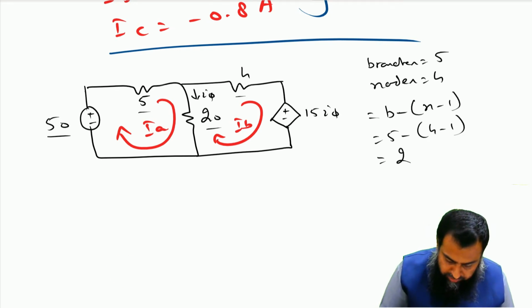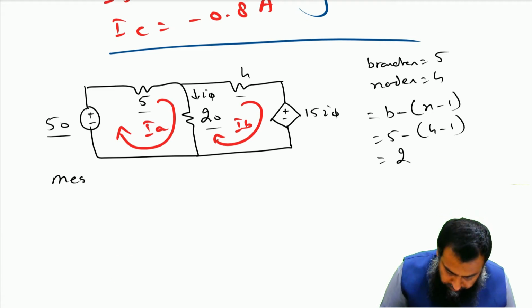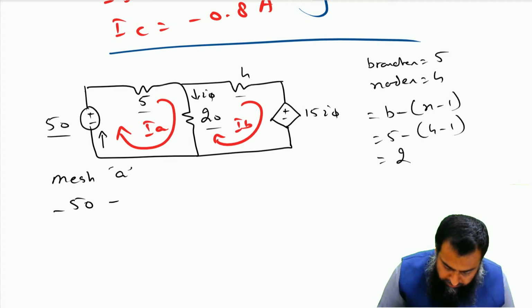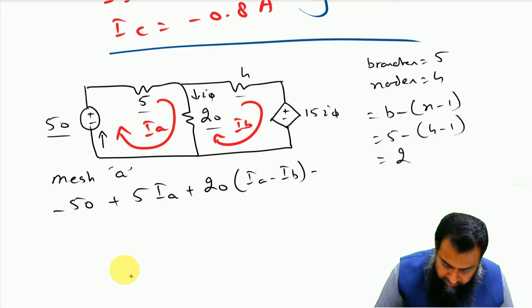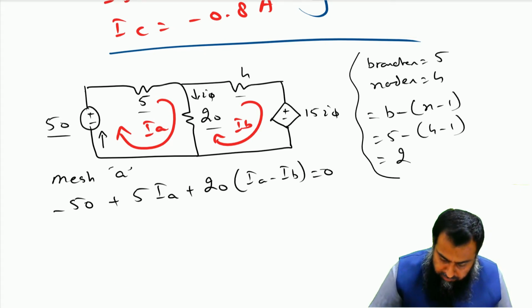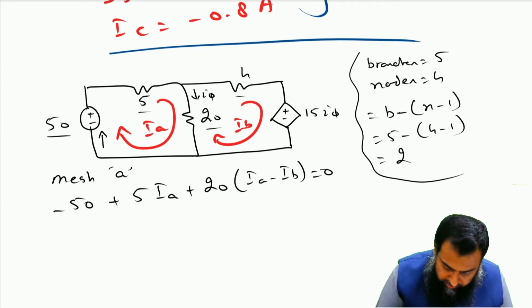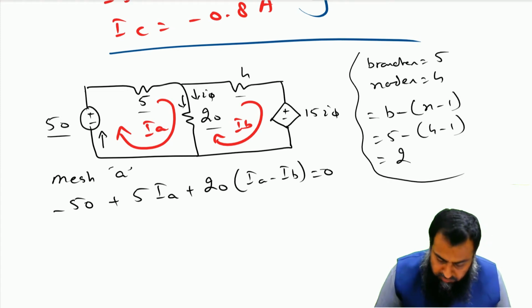For this mesh A, we have minus 50 volt, because the current is entering the negative terminal from this side. Then we have plus 5 IA plus 20 times (IA minus IB), that is equal to 0, because the current is entering the 20 ohm resistance from the top side, and from the bottom side we have this IB.